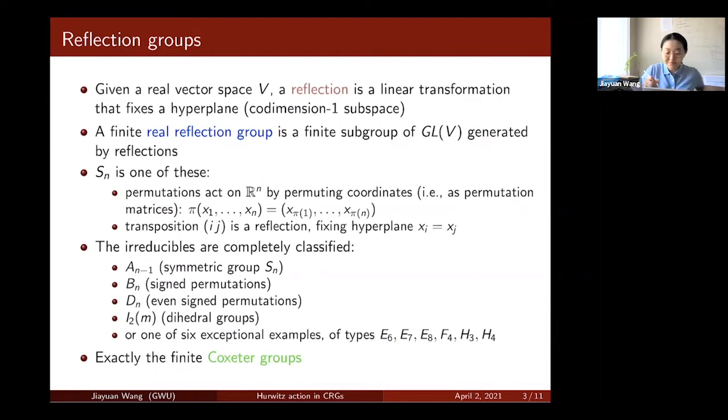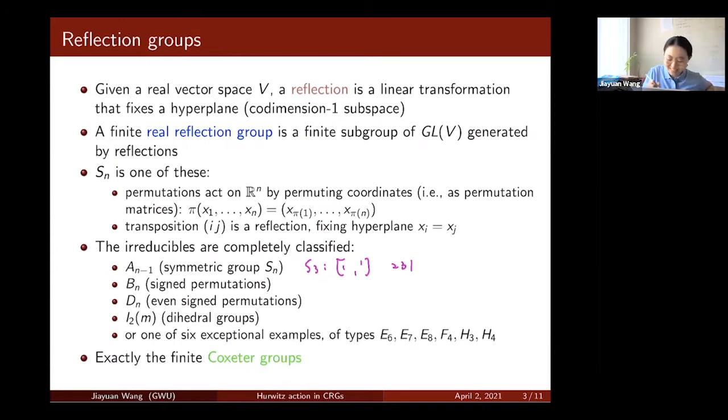For example, in S3, we have an element that has this matrix form. This corresponds to the one-line notation 2, 3, 1, and this is what we call a permutation matrix. That means for each row and each column, there is exactly one non-zero entry, and that non-zero entry should be 1.